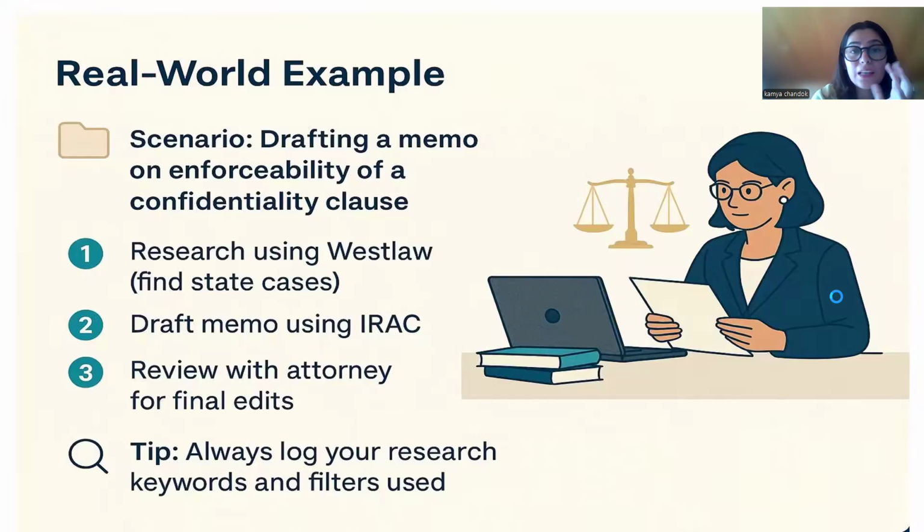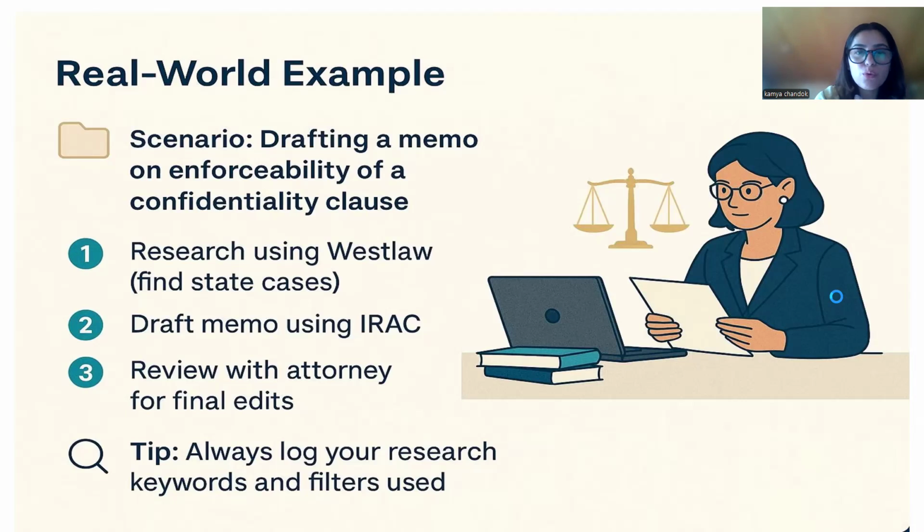Okay, now let's take a real-world example. You are asked to draft a memo on the enforceability of a confidentiality clause. Here's how you can approach it. First, you have to research. You can use Westlaw or LexisNexis to find state-specific cases where similar confidentiality clauses were tested in court, right? Second, you have to draft using the IRAC method.